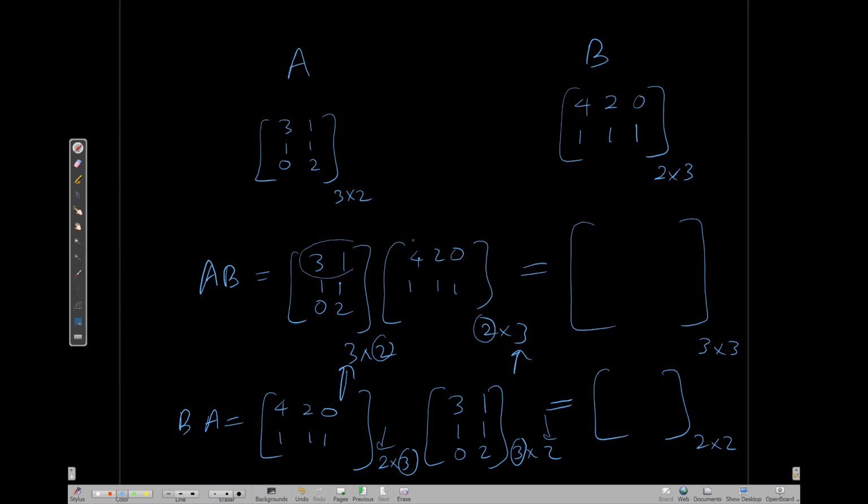So 3 1 and 4, let's see, 12 plus 1 and 14, and then with this 6 and 8 and 0 1, and now I'm done with the first row. The second row, 1 1, that's easy. 4 1 5, 2 1 3, and with this 0 it's easy.